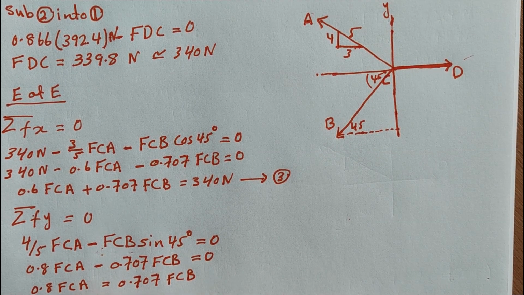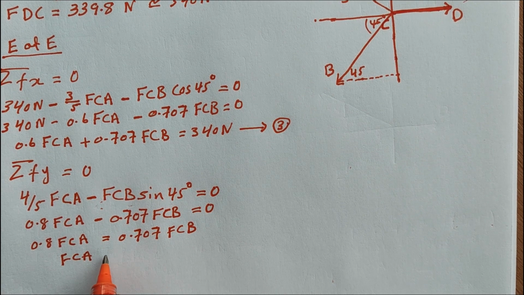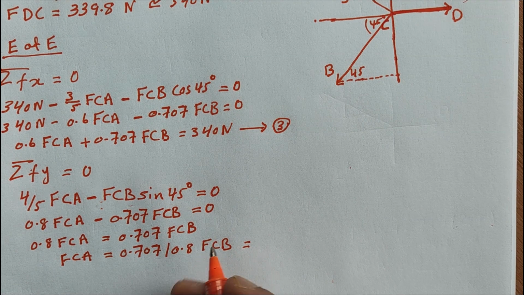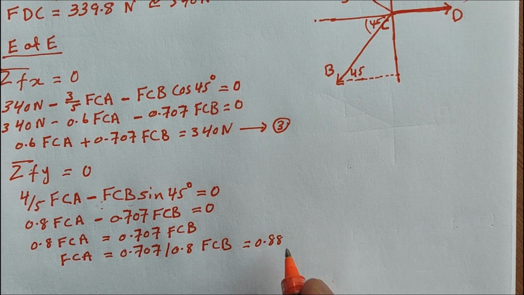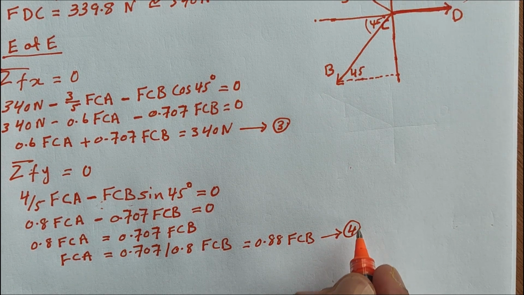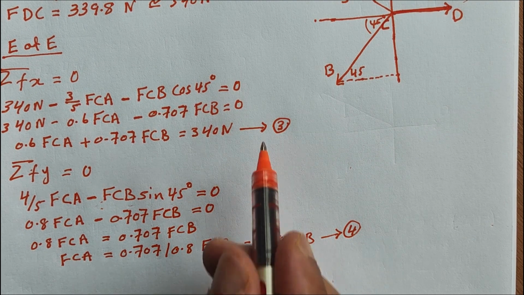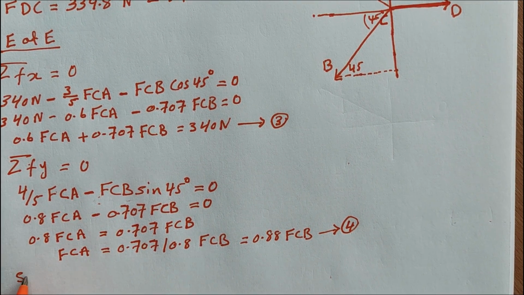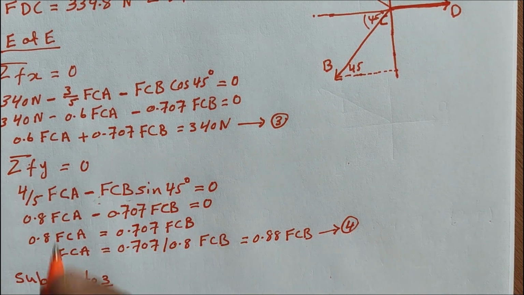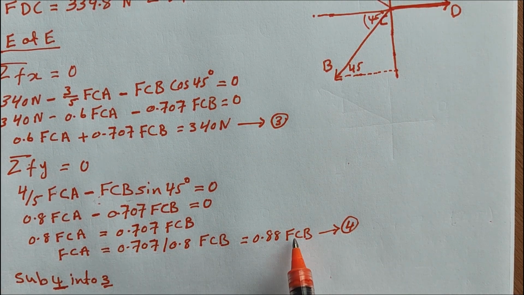So FCA equal to 0.707 divided by 0.8 FCB, which in this case equals 0.88 FCB, and let's number this as number 4. So substitute 4 into 3. When we substitute 4 into 3, we have FCA as 0.88 FCB.